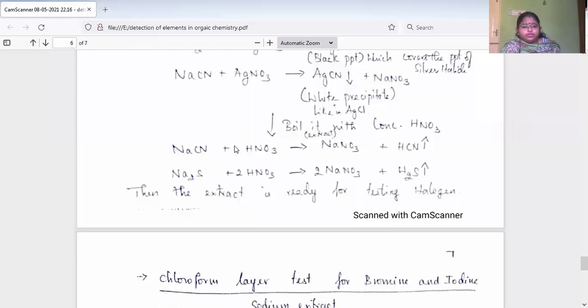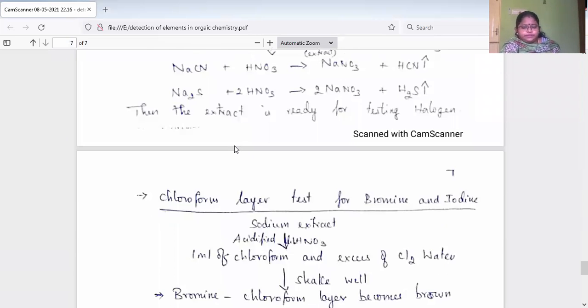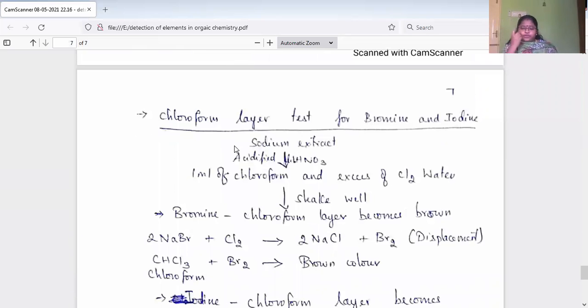Chloroform layer test. So what is that? Once you add nitric acid, you have removed HCN and H2S, and you have only the halogen in it. Now what you have to do? Chloroform layer test for bromine and iodine. This is only for bromine and iodine. The sodium extract is acidified with HNO3.